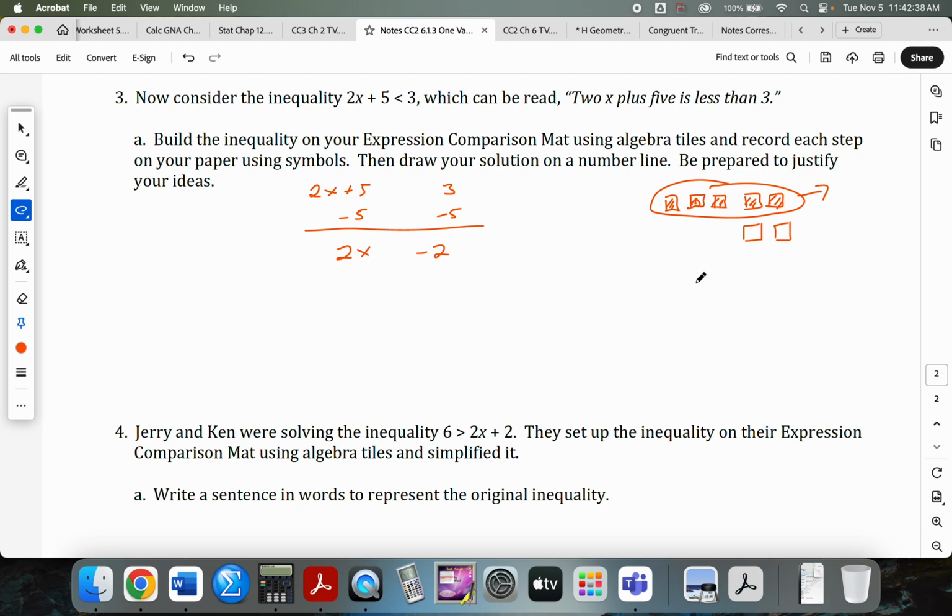What I have here at this point is 2x tiles and 2 negative 1 tiles, right? Doesn't that mean the same thing as comparing just one x tile with one negative 1 unit tile? So we're just dividing that up.